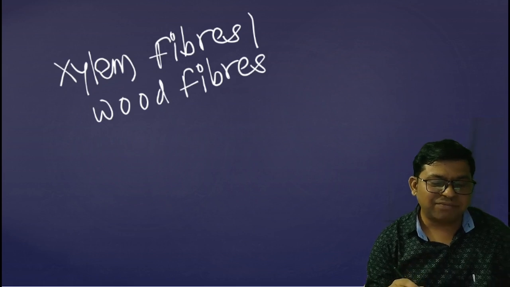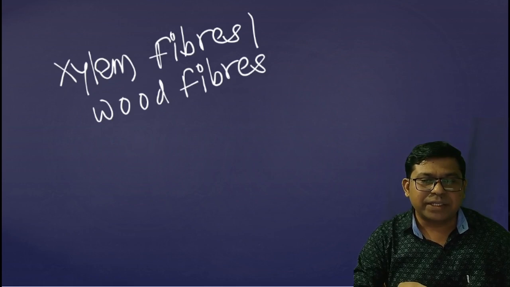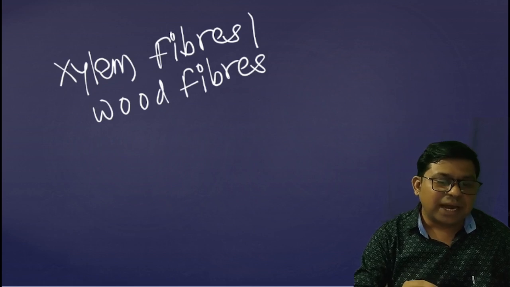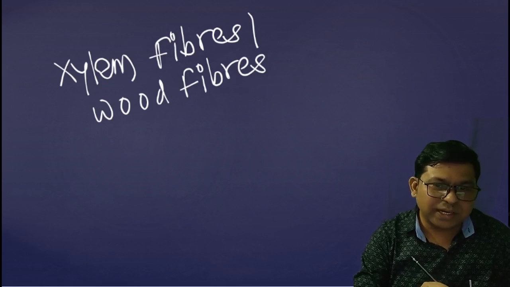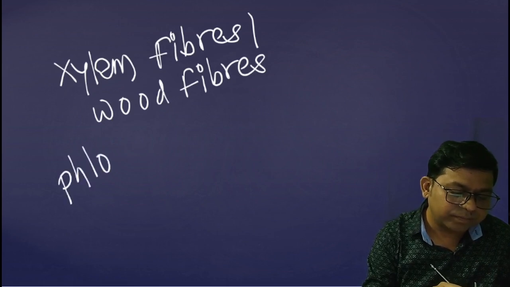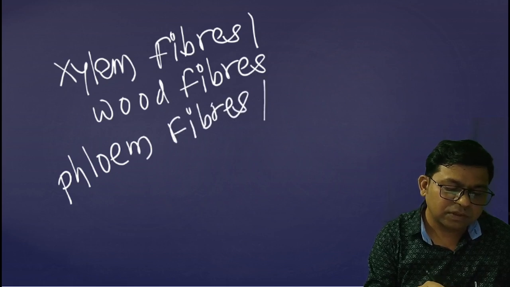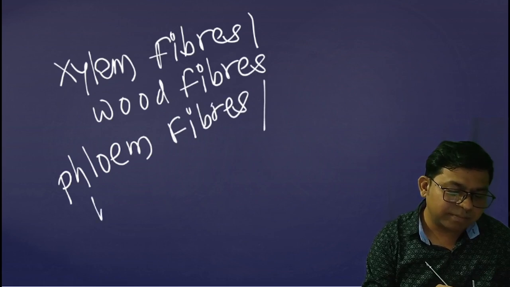So these xylem fibers or the wood fibers are also providing the mechanical support or mechanical strength to the dicot leaf, and these sclerenchyma cells associated with the phloem are called as the phloem fibers, or these are also called as the bast fibers.